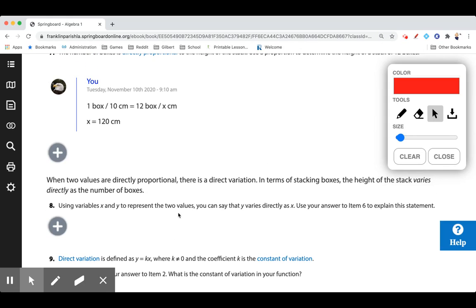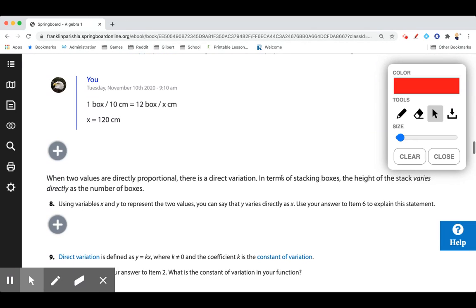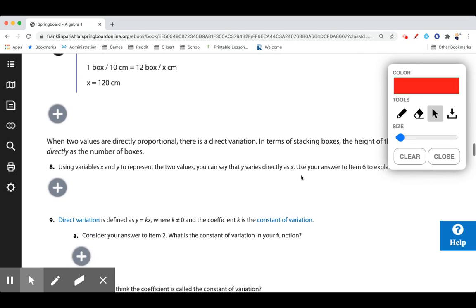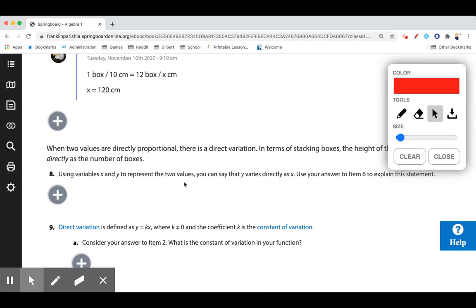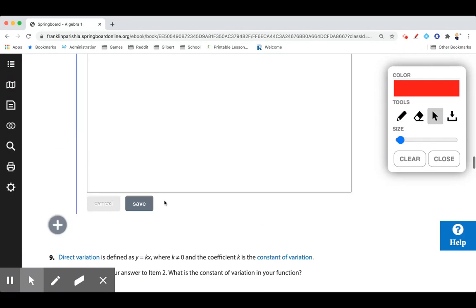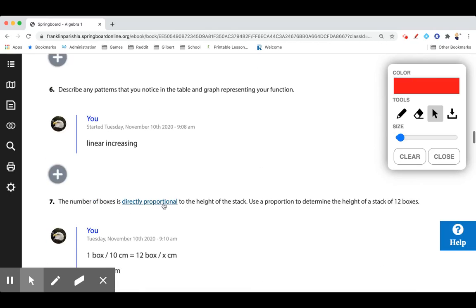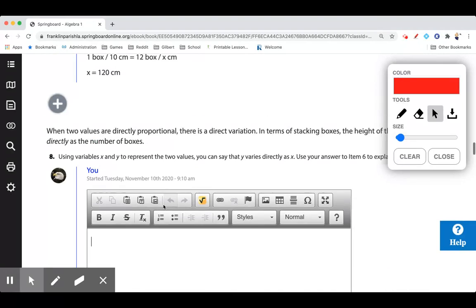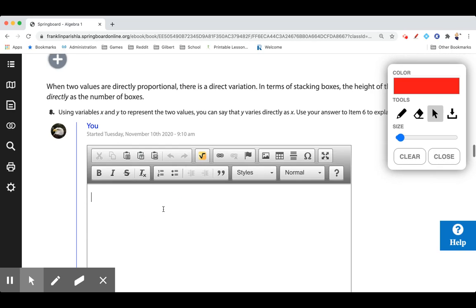When two values are directly proportional, this is a direct variation. In terms of stacking boxes, the height of the stack varies directly as the number of boxes. Using the variables to represent the two values, you can say that y varies directly. Use your answer in number 6, linear increasing, to explain this statement.